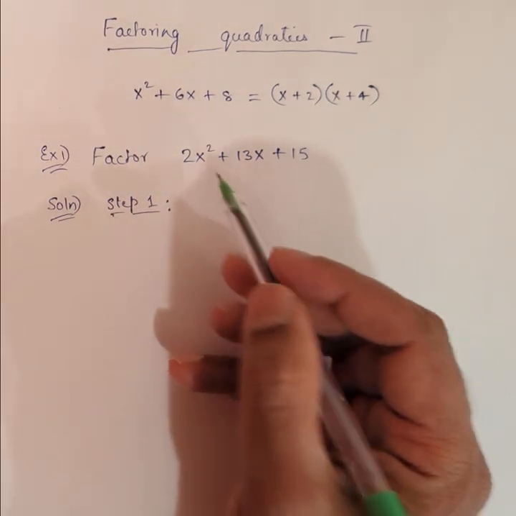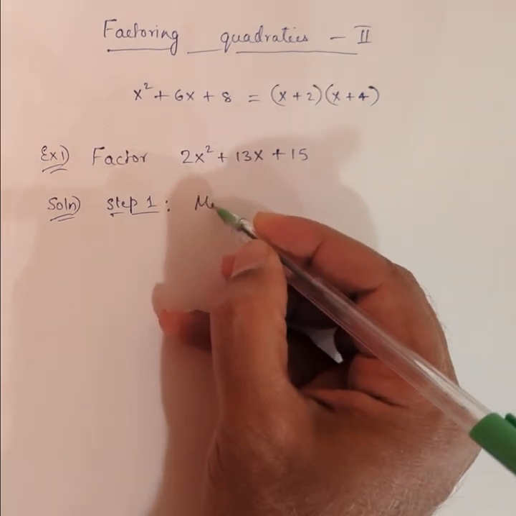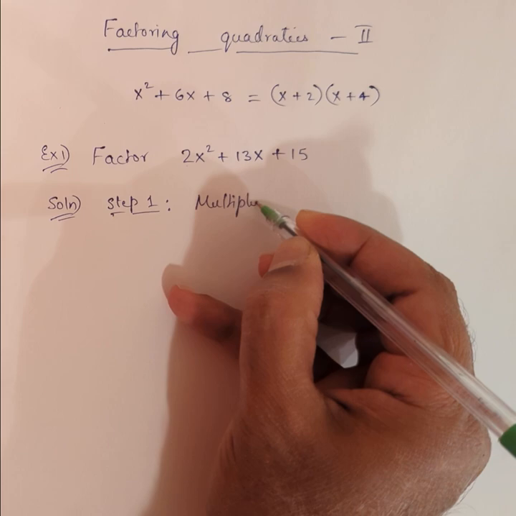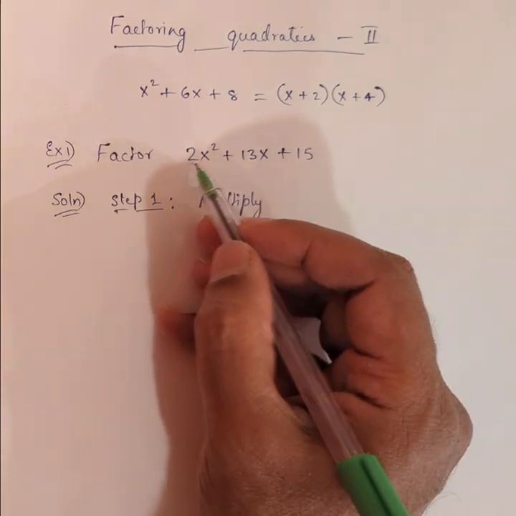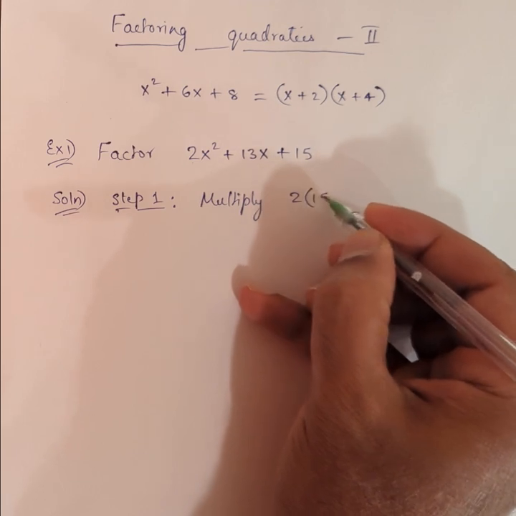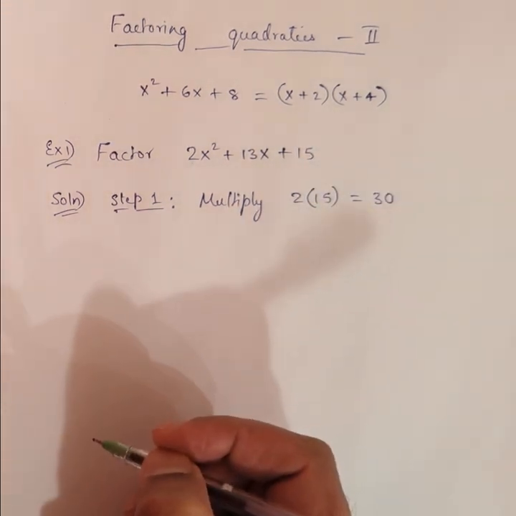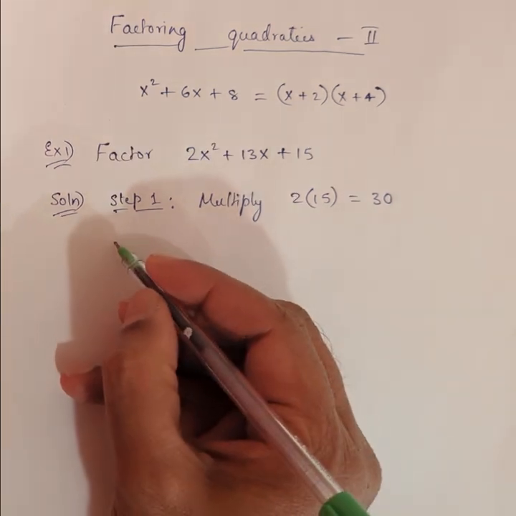The first step is to multiply 2 and 15. So multiply the leading coefficient and the constant term. 2 times 15 is 30. So step 1 is straightforward.